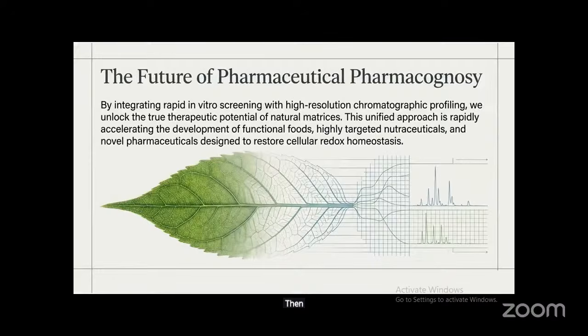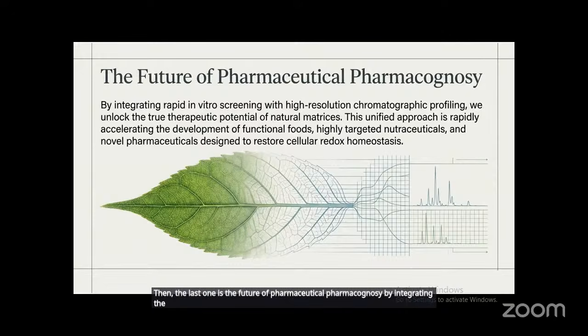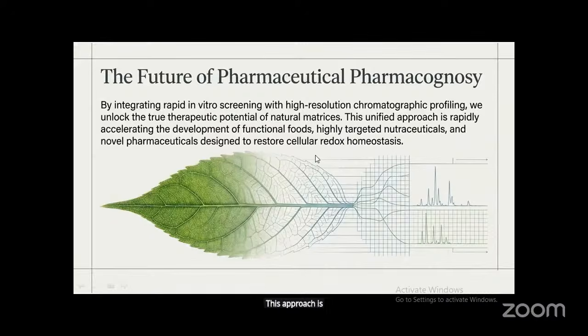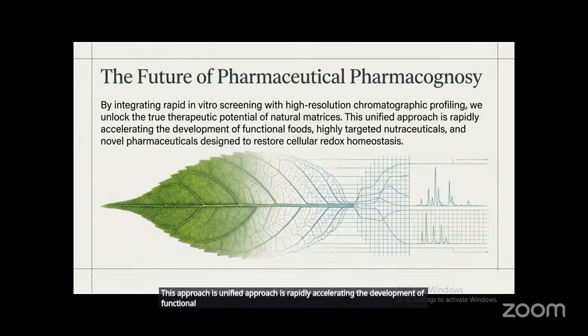Then the last one is the future of pharmaceutical pharmacognosy by integrating rapid in vitro screening with high resolution chromatographic profiling, thereby unlocking the true therapeutic potential of natural matrices. This unified approach is rapidly accelerating the development of functional foods, highly targeted nutraceuticals, and novel pharmaceuticals designed to restore cellular redox homeostasis.